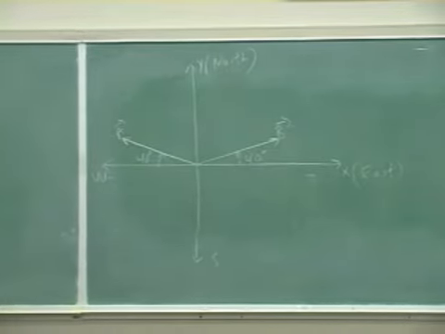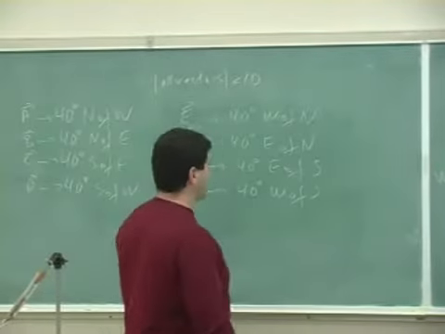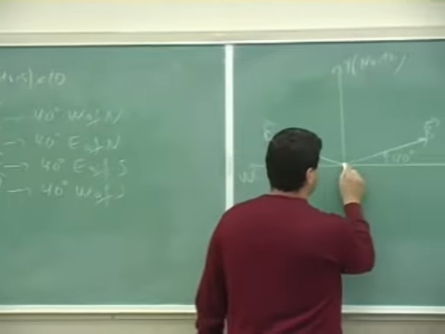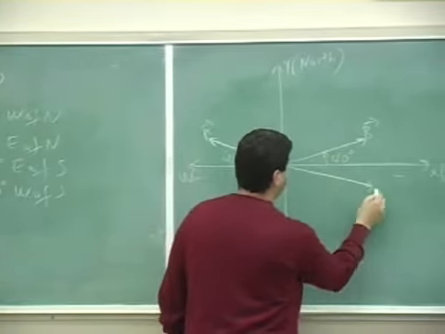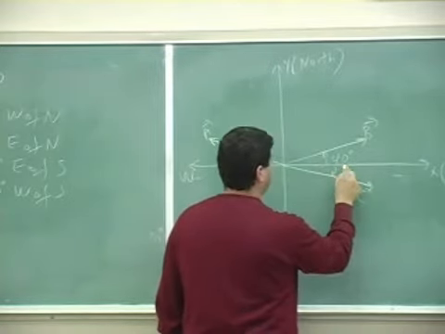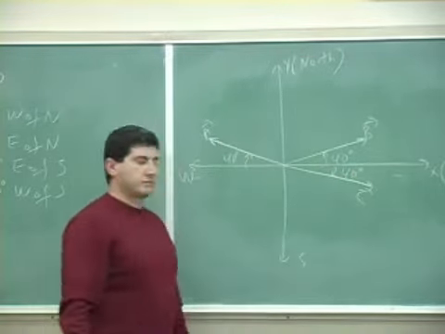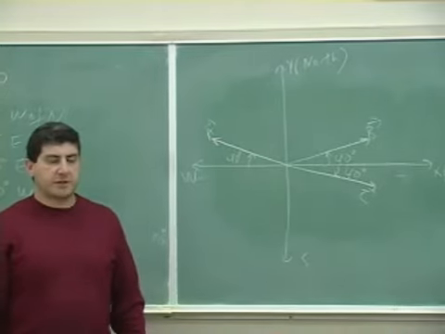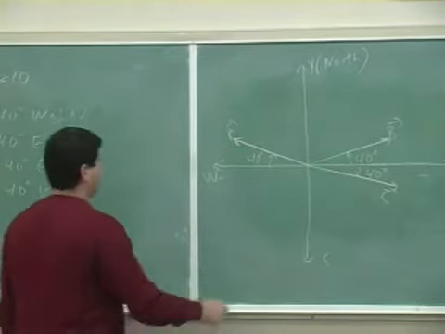Vector C will be 40 degrees south of east. Vector D will be 40 degrees south of west.